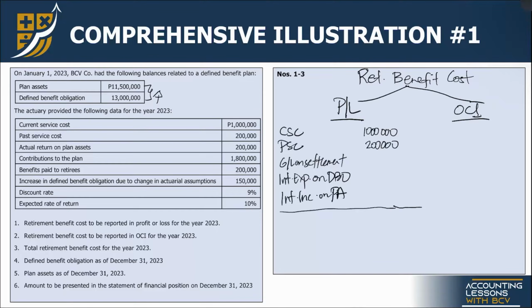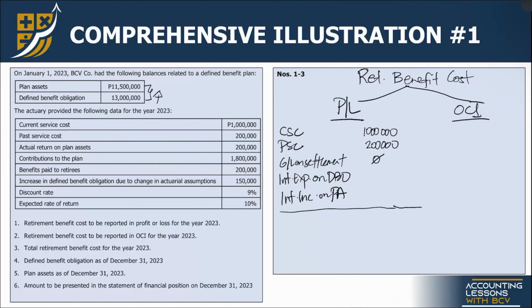Wala. Therefore, 0 yan. Eh sir, ano itong benefits paid to retirees? Pagka ganyan lang ang statement, then we assume na yung mga retirees na to, nag-retire sila on a normal retirement date or as expected. Since expected naman, walang gain or loss on settlement doon.